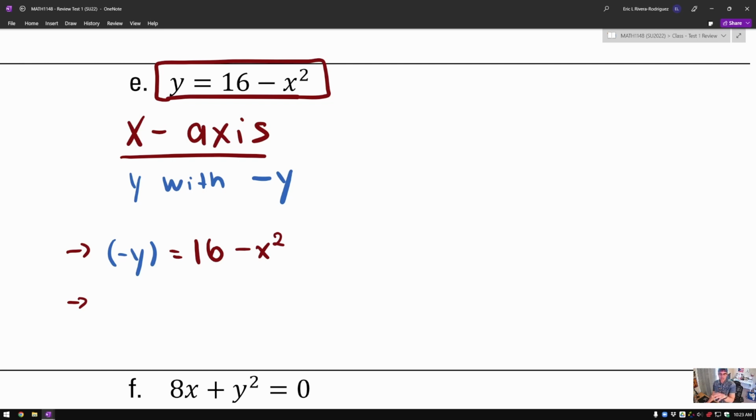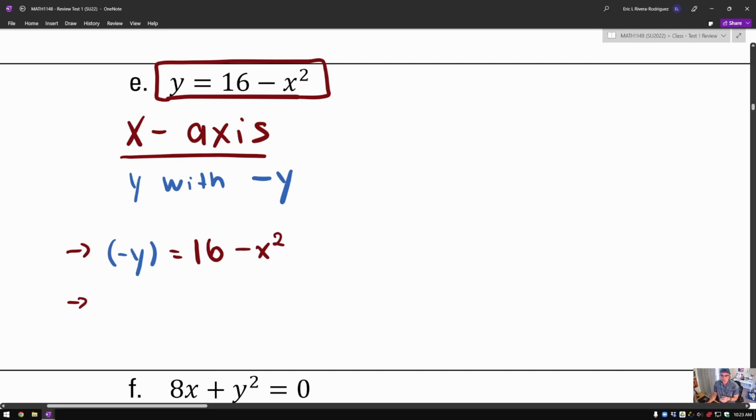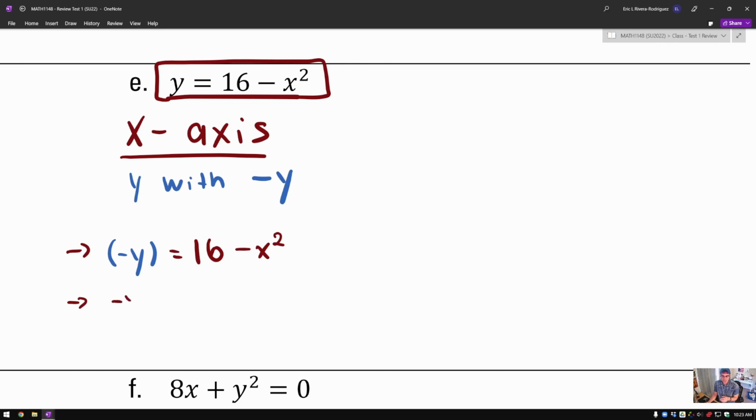All right. Here we are testing for the x-axis. Since there's nothing surrounding this negative y, we can drop the parentheses. That's the only simplification that we need to do.